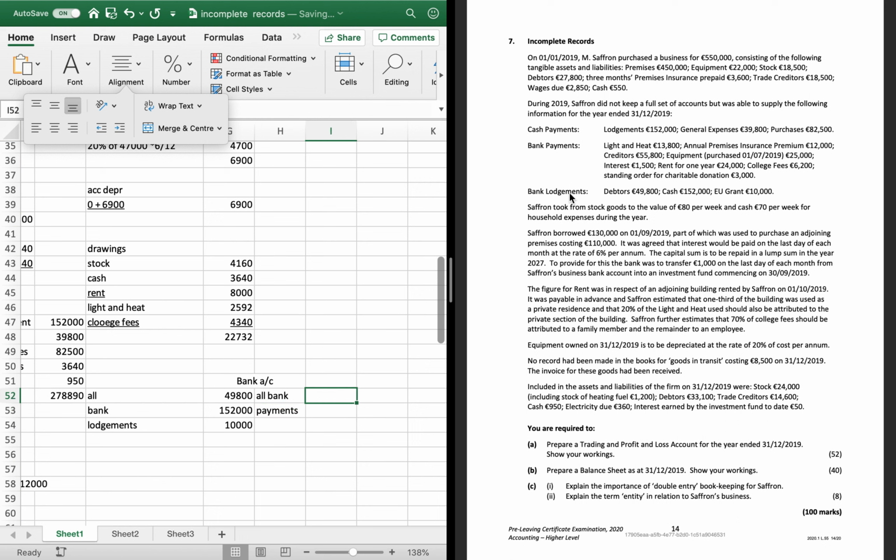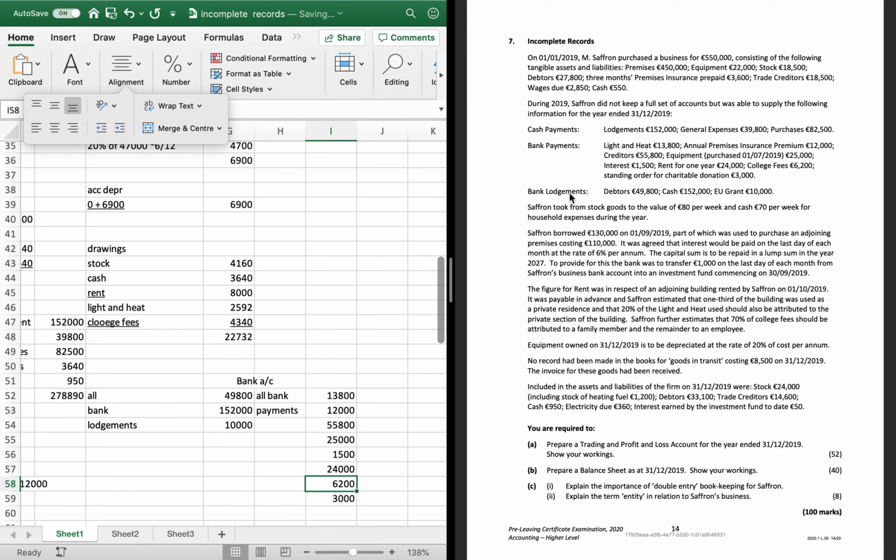So all my bank payments are 13.8, 12, 55.8, equipment 25,000, interest of 1,500, rent of 24,000, college fees of 6.2, and the charitable donation for 3,000.